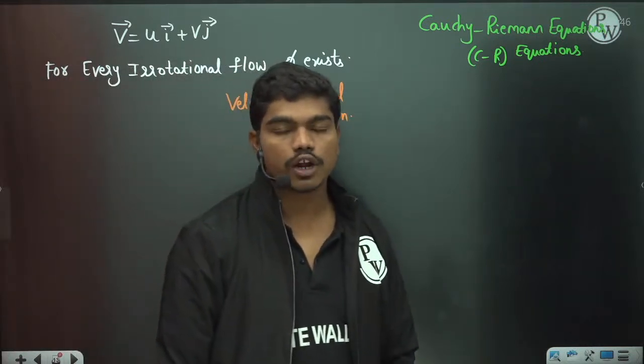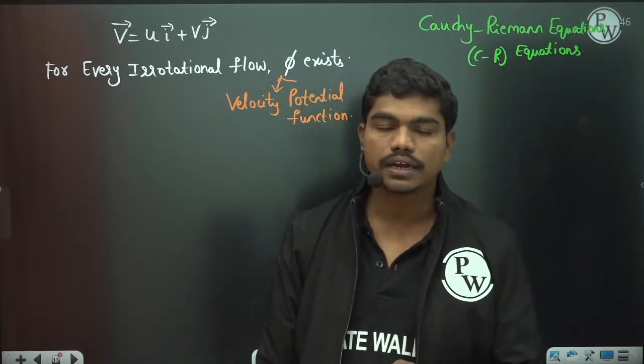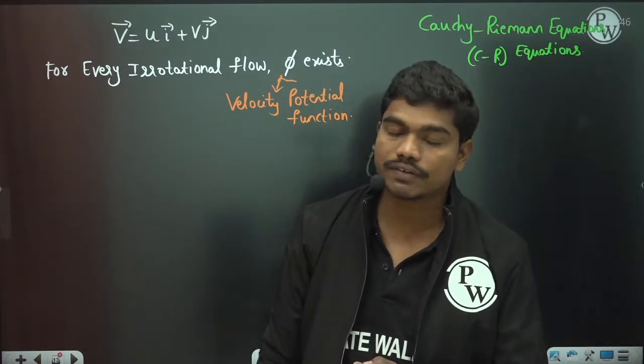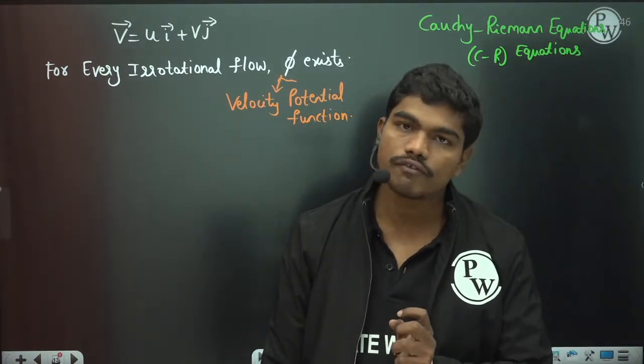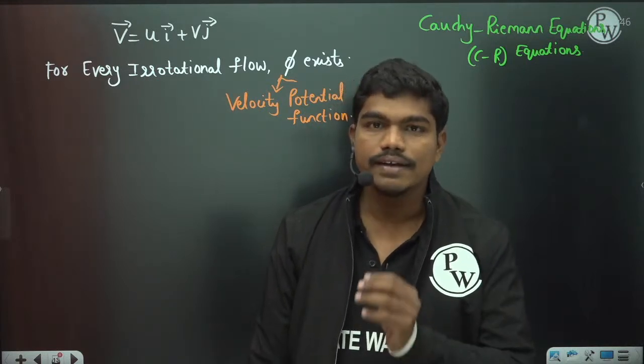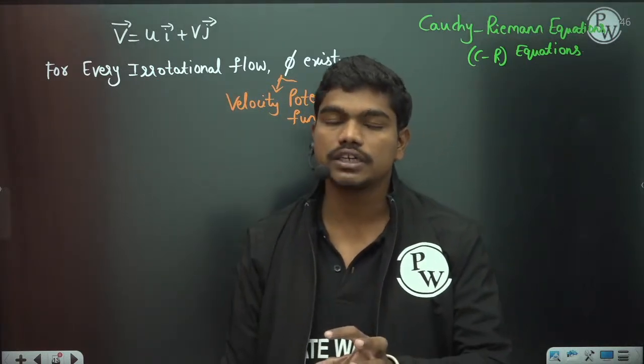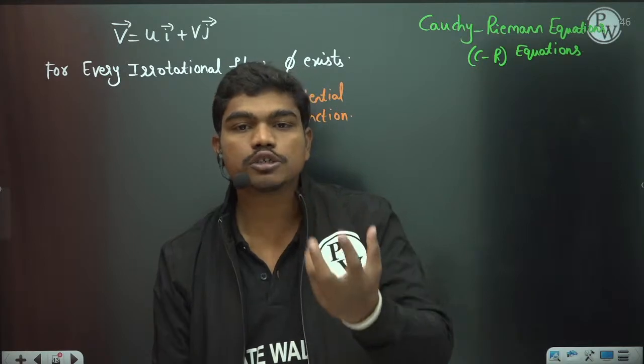This velocity potential function is such that its partial derivatives give you the actual components of velocity. And please keep in mind phi exists only for irrotational flows. How do you decide whether a flow is irrotational or not?